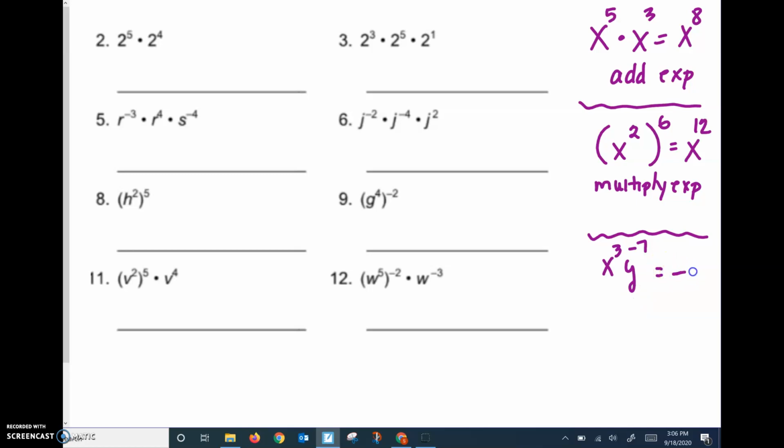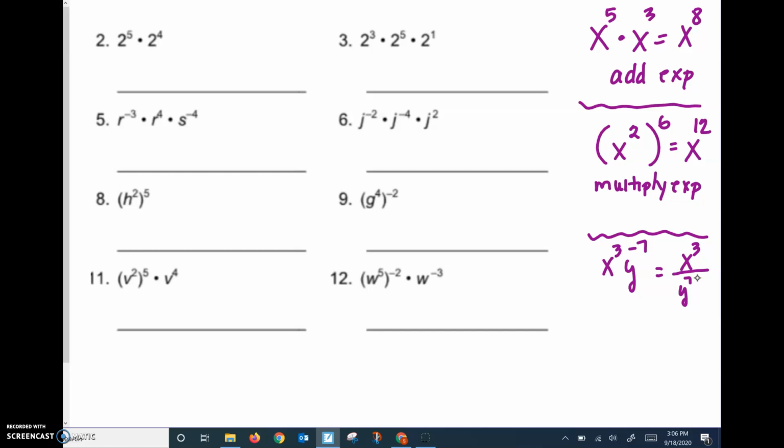So we have to write this as a fraction. We leave the positive base and exponent in the numerator, but we have to put this negative exponent and base in the denominator. And when I put the y in the denominator and I write that exponent, we write it as a positive 7. That's the whole point of writing it as that fraction, is to get rid of that negative value.